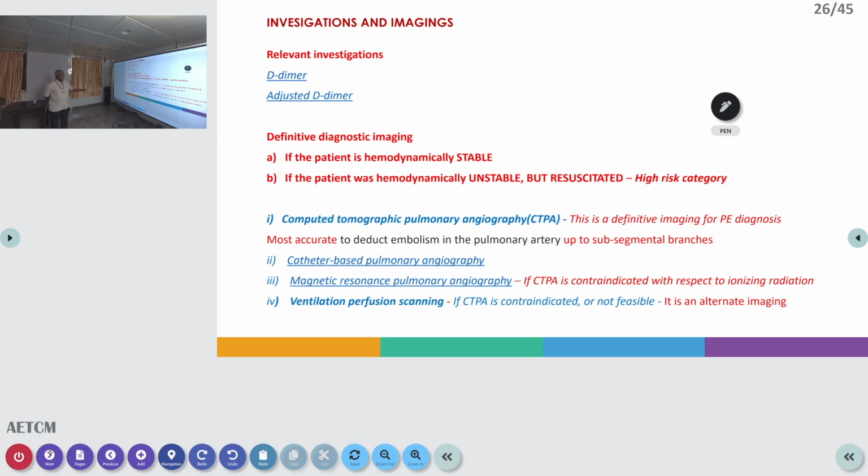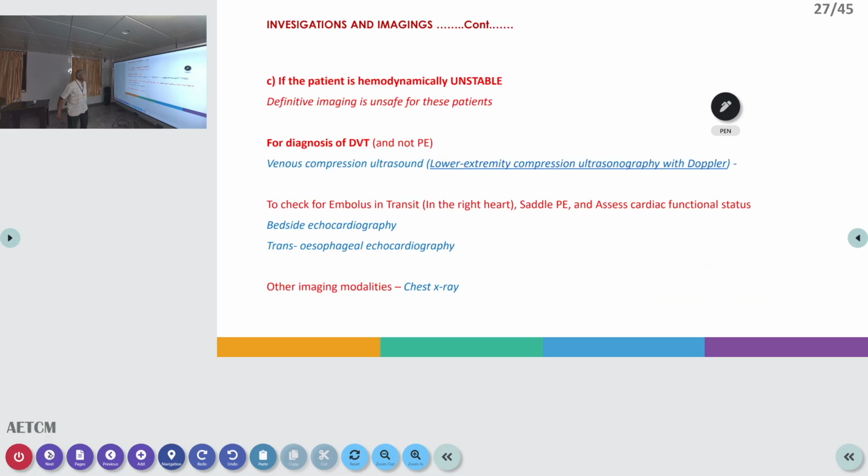If the patient is hemodynamically unstable, we have to opt only for ventilation perfusion scanning. At present, there are bedside equipments to do this procedure also. In hemodynamically unstable patients, definitive imaging is unsafe.